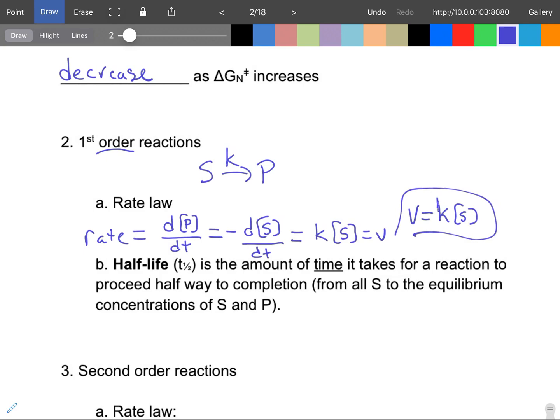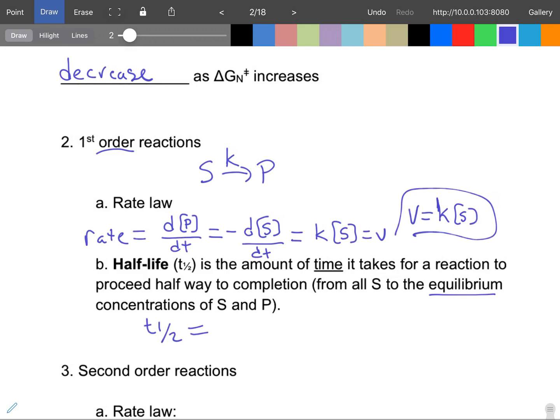So the half-life we talked about before is by definition the amount of time that it takes for a reaction to proceed halfway to completion, or rather the equilibrium, not that 100% of the substrate is going to go away. It's going to achieve equilibrium. And so we use the symbol T1/2 to indicate half-life. Now again, this is specifically a first order reaction.